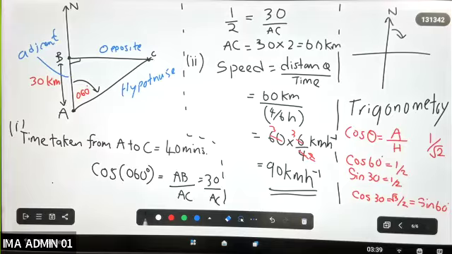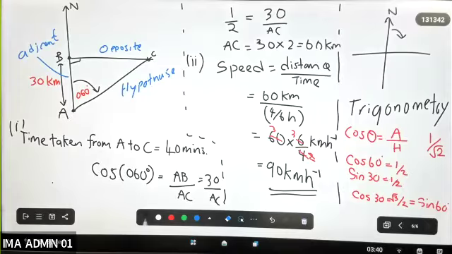Basic trigonometry is involved. Right? So they're asking next the average speed we calculated.